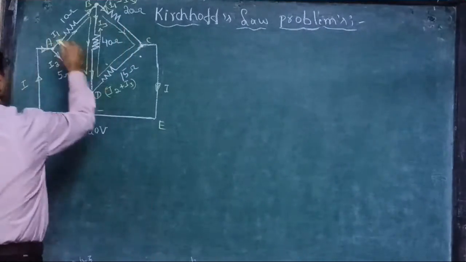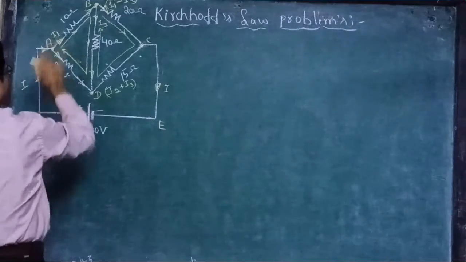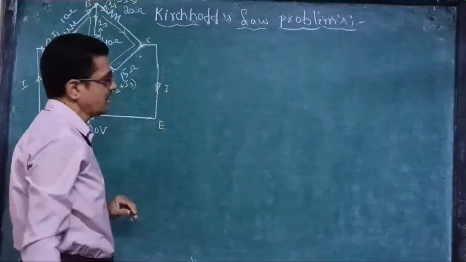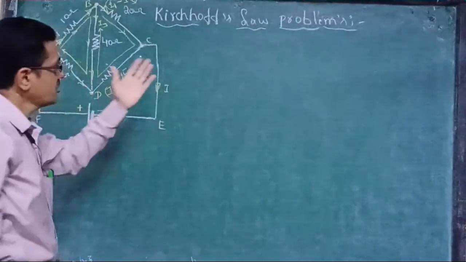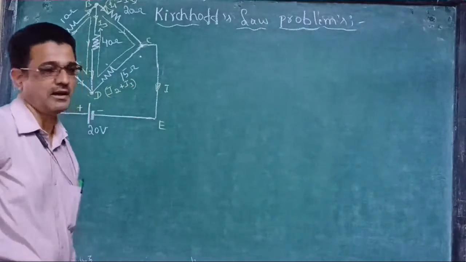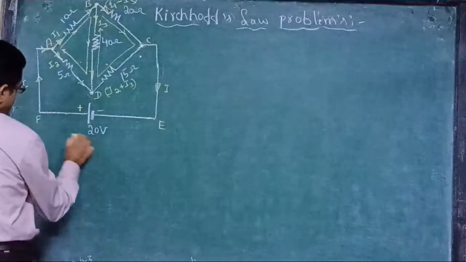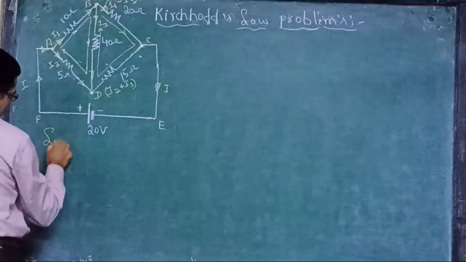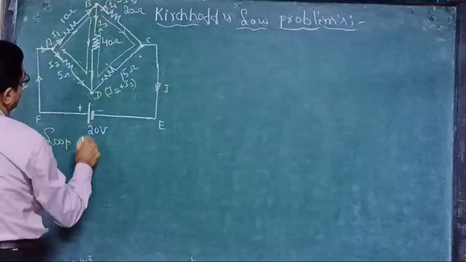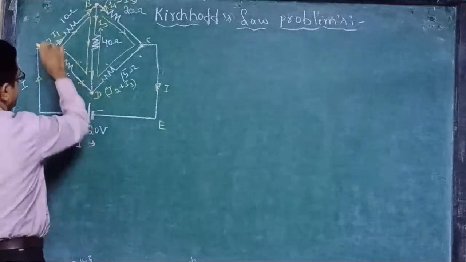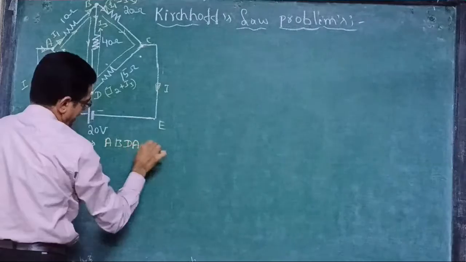The next one is A, B, C, E, F, A. In these three loops we solve using Kirchhoff's law. First I take loop number 1: A, B, D, A.